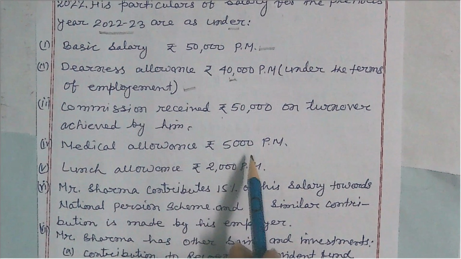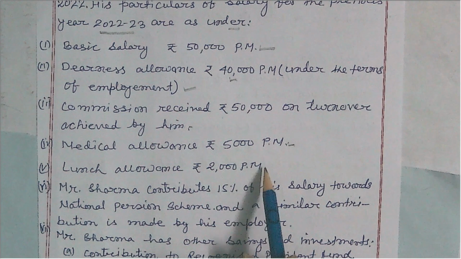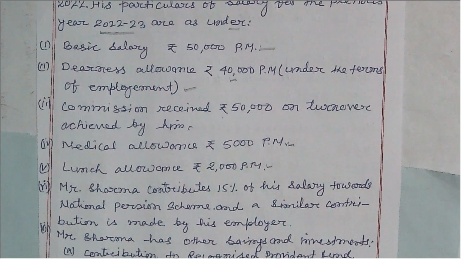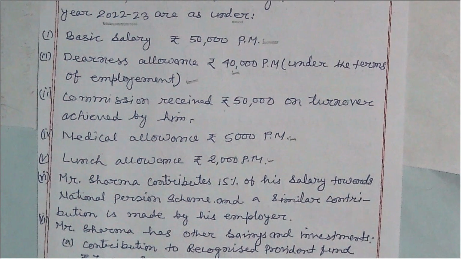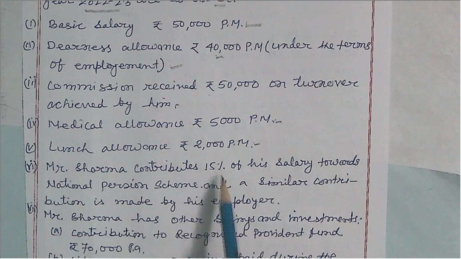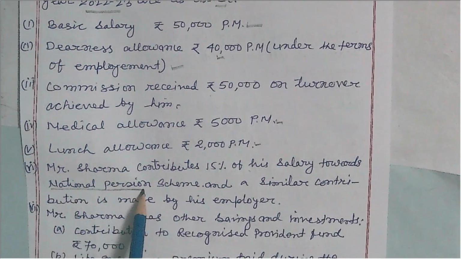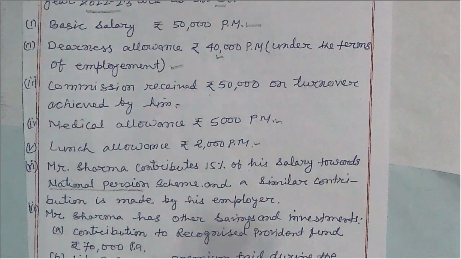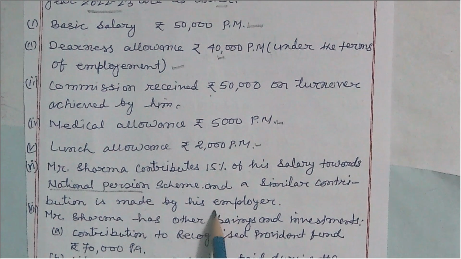Medical allowance is rupees 5,000 per month he is receiving. Lunch allowance rupees 2,000 per month he is receiving. And thereafter Mr. Sharma, who is an employee, contributes 15% of his salary towards the National Pension Scheme, and a similar contribution is made by his employer.